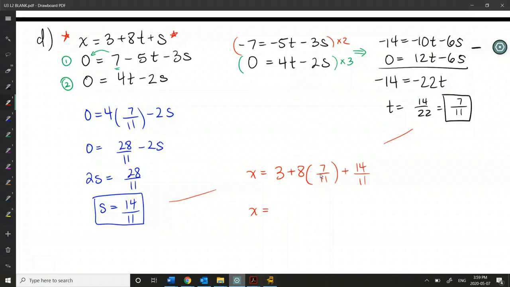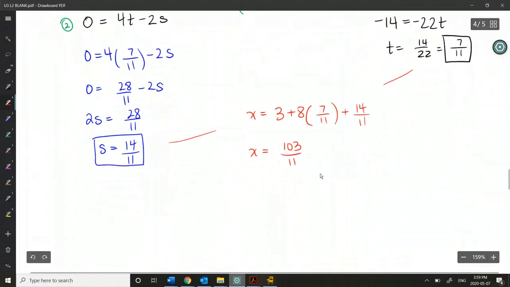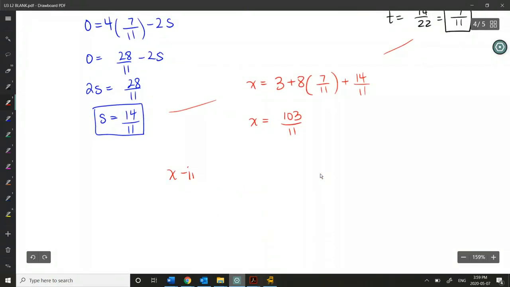Okay, and then you're basically just going to leave this in exact value where possible. So if you find a common denominator here, you'll end up with 103 over 11. So that means that our x-intercept can be found at the point 103 over 11, 0, 0.